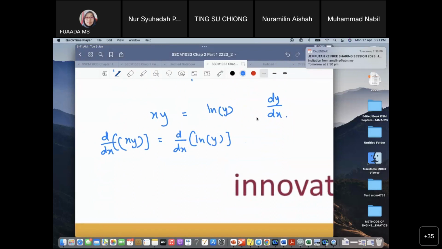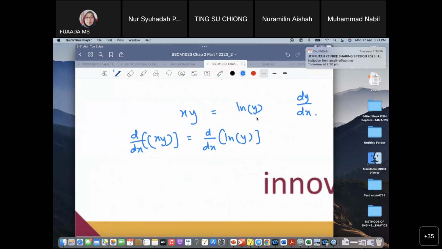Combination, dia ada combination x and y. So you punya proses nak differentiate tu lagi complicated. Which mean that, contoh untuk x dengan y, sebab dia dua function, hasil darab dua function yang you kena apply product rule. So contoh dalam kes ni, you apply the product rule, u dv dx.